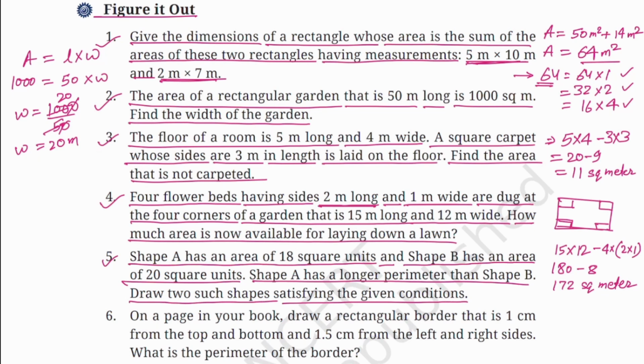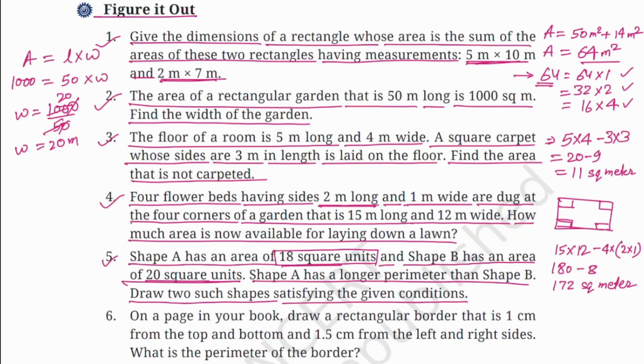We already know that if the difference between length and width is more, then we get larger perimeter. The first shape has area of 18 square units and the second shape has area of 20 square units.